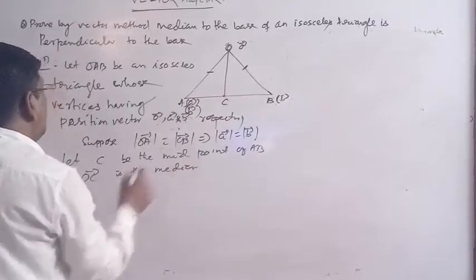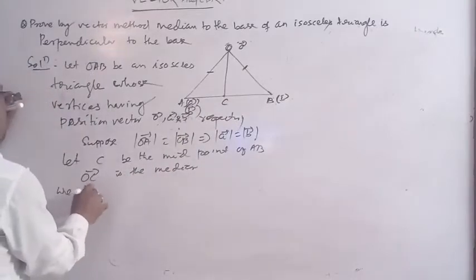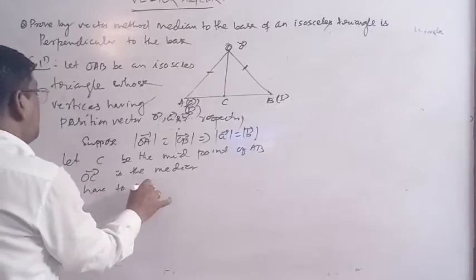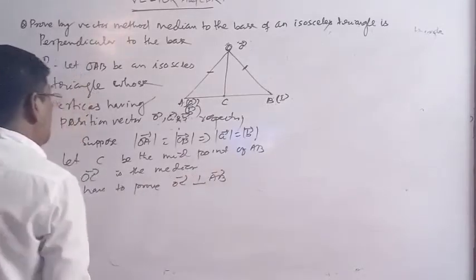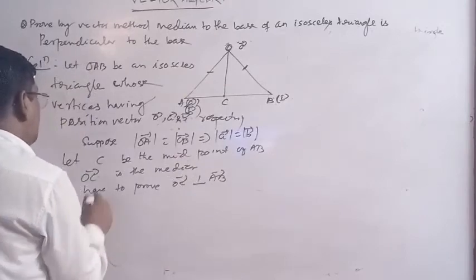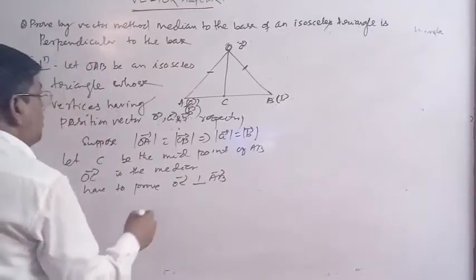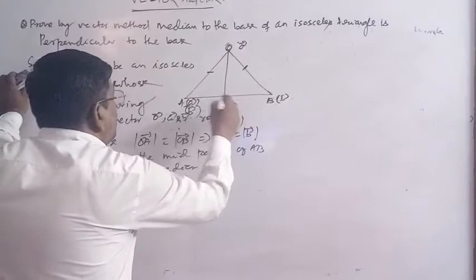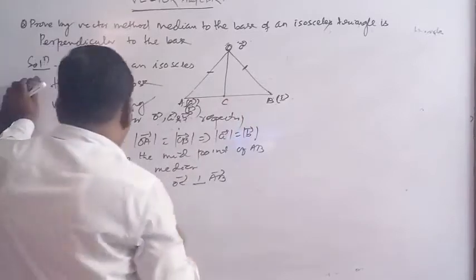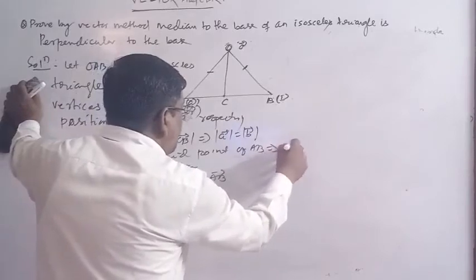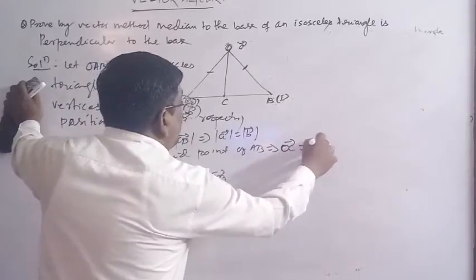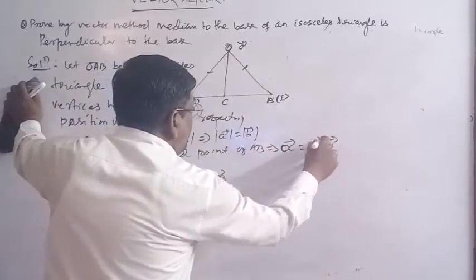So we have to prove OC vector is perpendicular to AB vector. Now OC vector is the position vector. C is the midpoint of AB, that implies OC vector is equal to (vector A plus vector B) by 2.